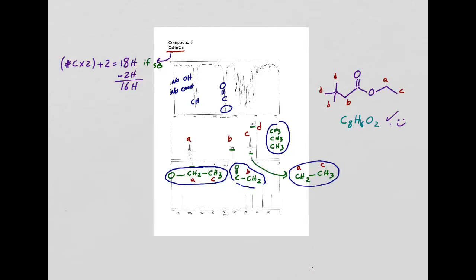Now I'm trying to think what other structure you might have come up with and see why they wouldn't work. I wonder if some of you came up with a structure like this. Okay. Now, if you come up with a structure like this, it does match the C8H16 and O2.